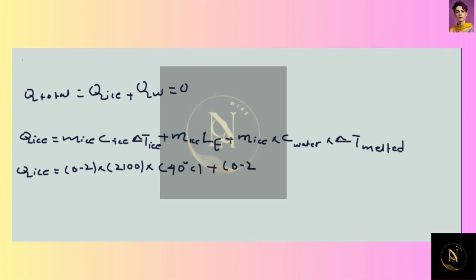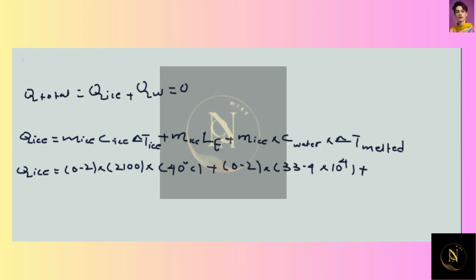Plus again 0.2, which is mass of ice, multiplied by 33.4 multiplied by 10 to the power 4, right?